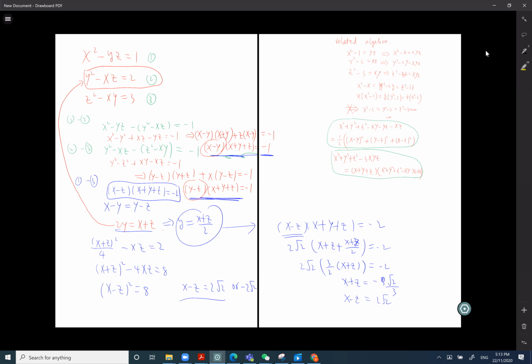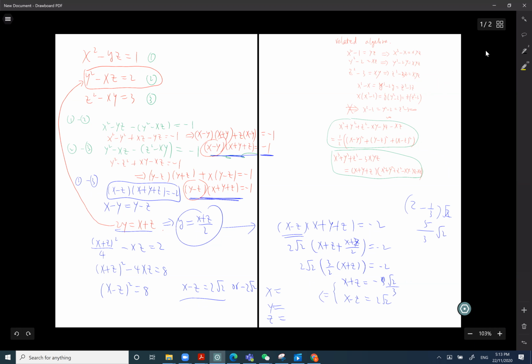Here you can solve x and y and z, because 2y is just x plus z. Okay, if you add them, 2 minus a third root 2, so 3, 5 root 2.